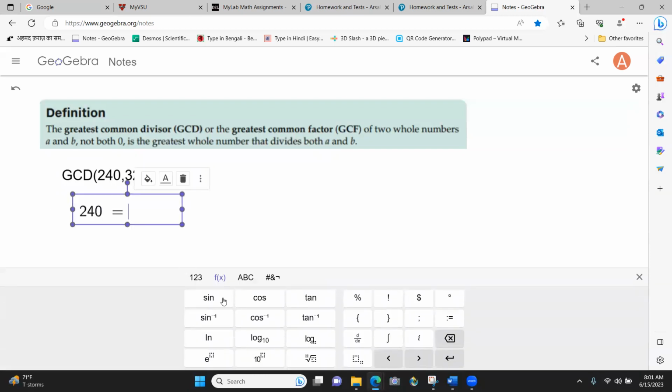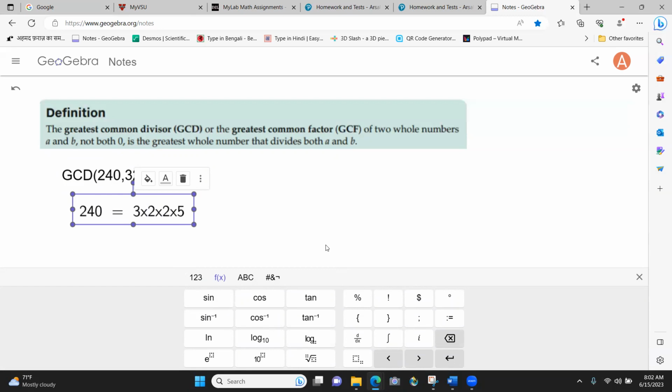240 is 24 times 10, but neither one is prime. But 10 is 2 times 5, and 24 is 3 times 8. Now things are looking much better. 3 is a prime, 2 is a prime, 5 is a prime, 8 is not a prime, but I do know 2 to the power 3 is 8.